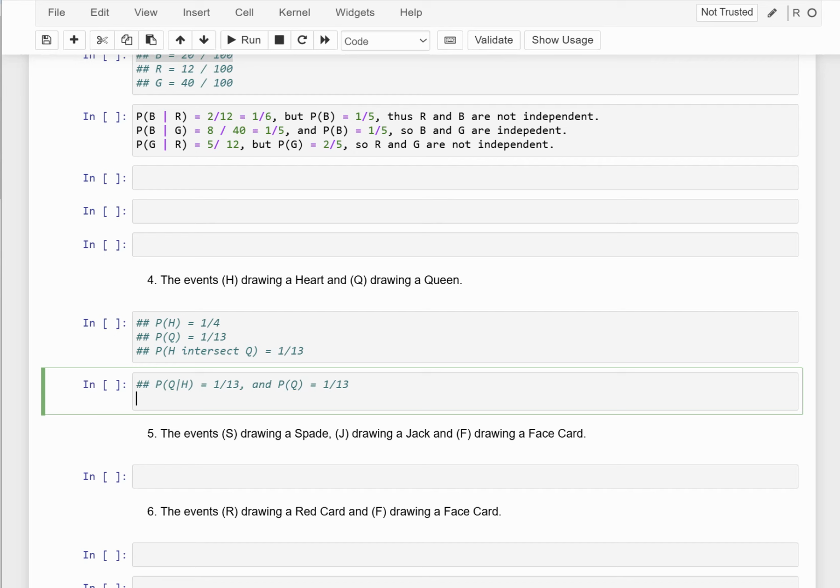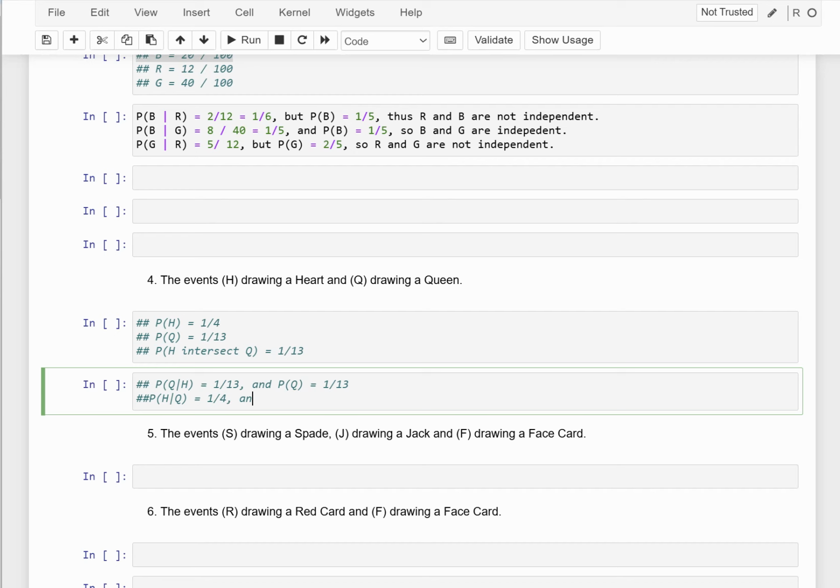Also notice that it works the other way around. If I do the probability of heart given queen, well, if I draw a queen, there are four possibilities, one of which is a heart. I have the queen of hearts, the queen of spades, the queen of diamonds, and the queen of clubs.